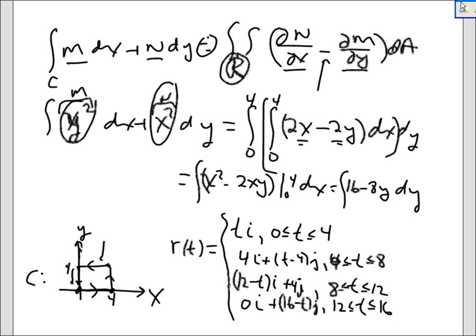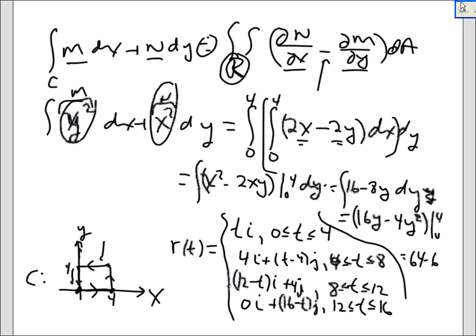Integrate that with respect to y, and you will get 16y minus 4y squared, where y goes between 0 and 4. You plug in 4, you get 64 minus 64, which is 0.